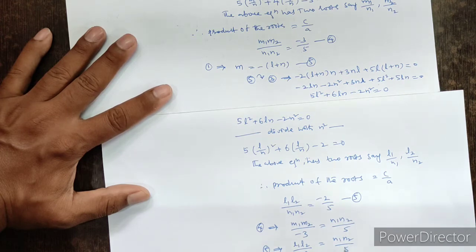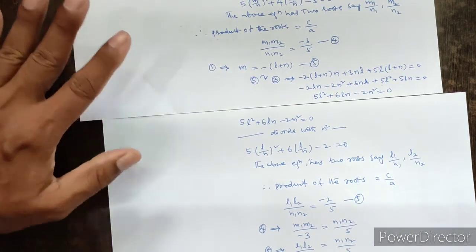Therefore, this is n1 n2 by 5, this is also n1 n2 by 5, so we can equate all of these. So L1 L2 by minus 2 equal to m1 m2 by minus 3 equal to n1 n2 by 5, that equal to k, any non-zero real value.